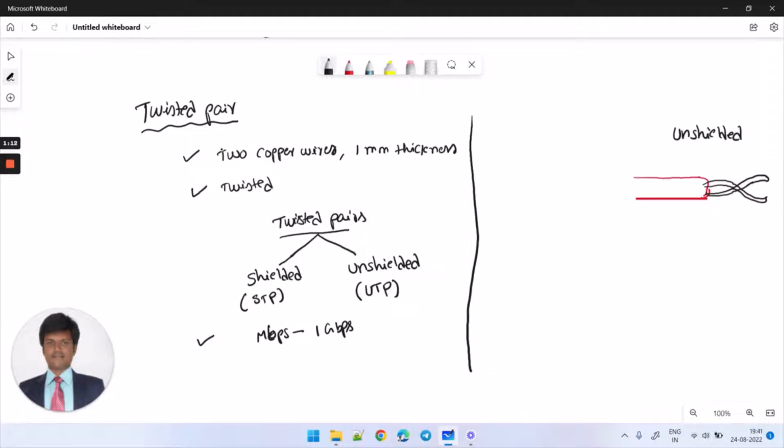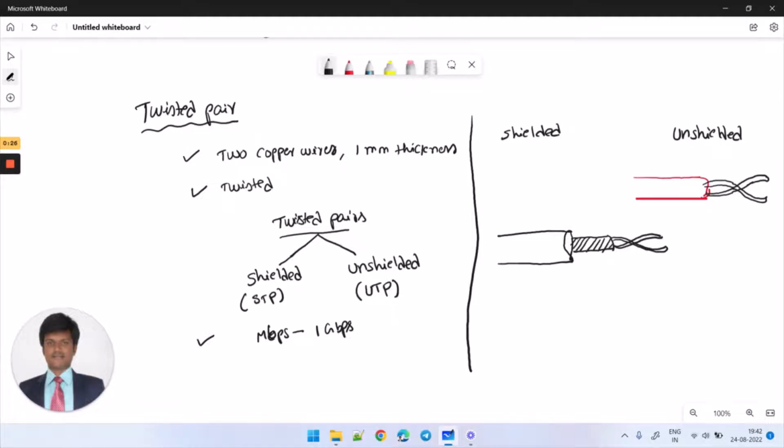If you see the shielded twisted pair, this is the outer plastic covering. These are the two copper wires. This is the first copper wire, this is the second copper wire, twisted together. This is like a metal shield.